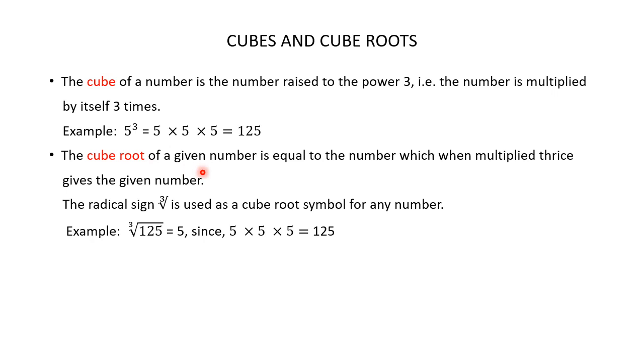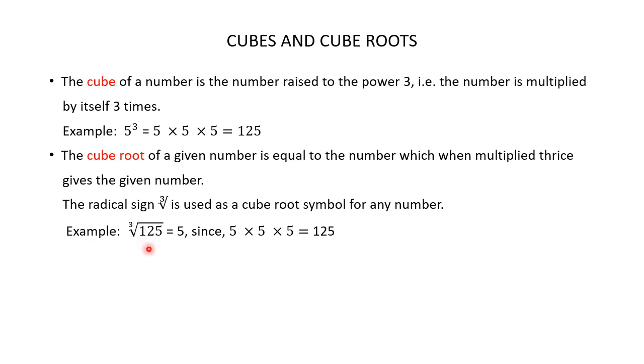The cube root of a given number is equal to the number which when multiplied thrice gives the given number. This means the cube root of any number is a number which when multiplied by itself 3 times will give the given number.